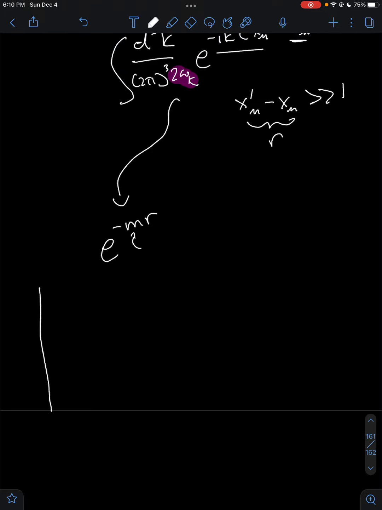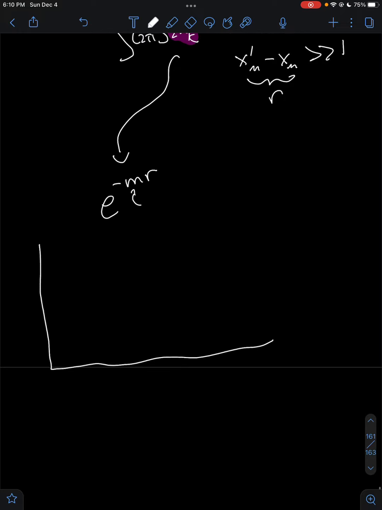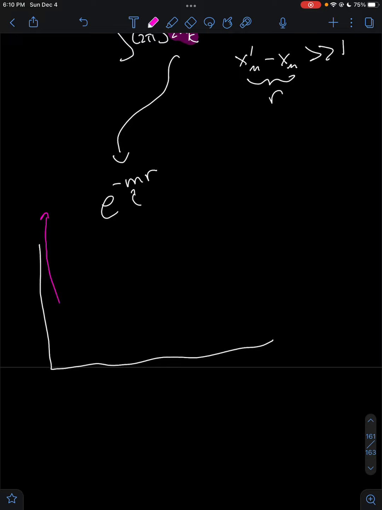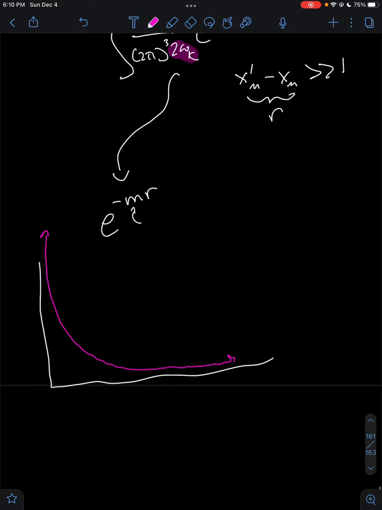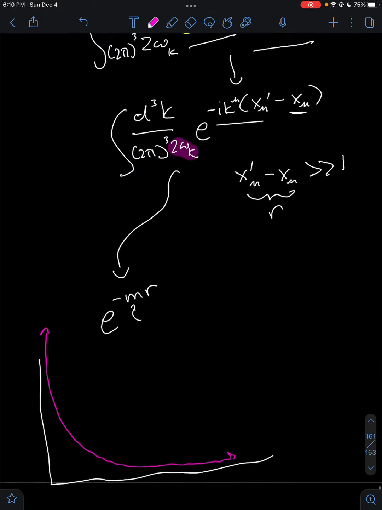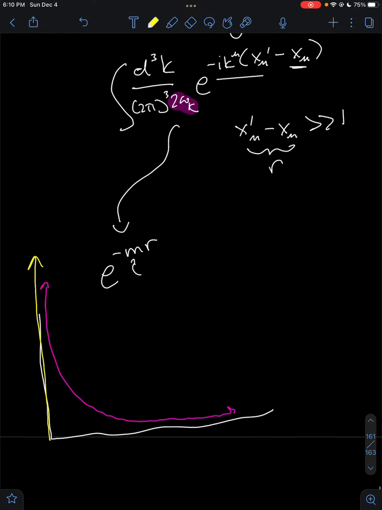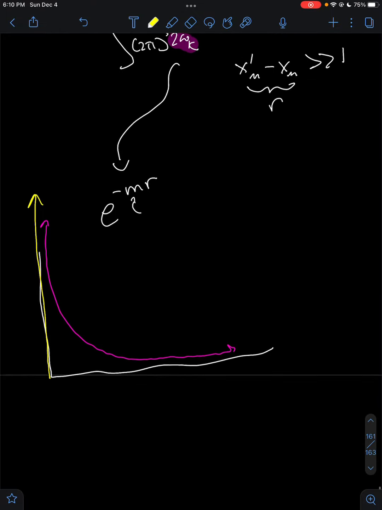And if we were to graph this for positive distances, you would get something that looks like this. So it decays for large distances, but it approaches infinity for small distances. Now, this isn't a delta function, because a delta function should have a peak at r equals 0, which is just x prime equals x mu.